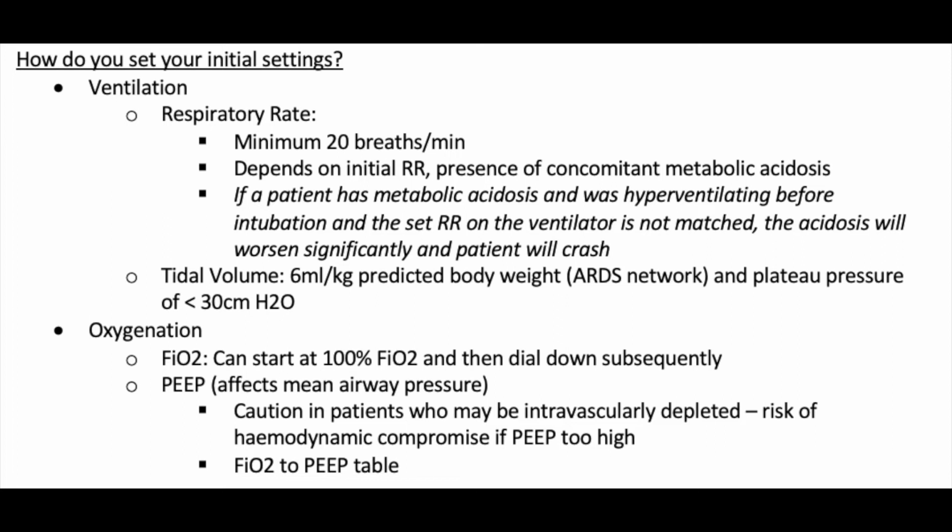So if you're not careful and you have a patient that was hyperventilating away like hell before you intubated the patient, he's got both ARDS and septic shock with lactic acidosis. The bicarb is 10. The pH was 7.1, even before intubation, right? And if you're not careful, and you remember minimum 20, and you intubate the patient, and you put a respiratory rate of 20, you have effectively at least half the minute ventilation because he was breathing at 40 to 50 before that.